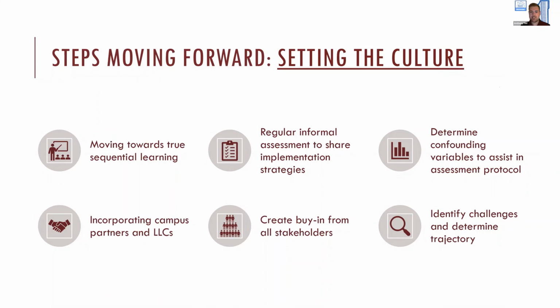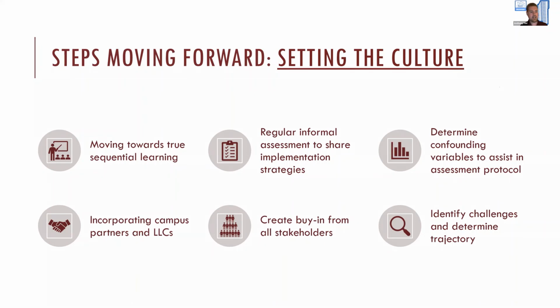As we're improving them, we want to also make sure we are looking at all the variables. We have made a lot of changes in our department, and so sometimes it's a challenge: is it not working because of this change we made, or a different change? Is it because of COVID? Is it because of the election? So helping to determine those confounding variables to make sure that our assessments are clean and can really give us feedback on what we're doing.